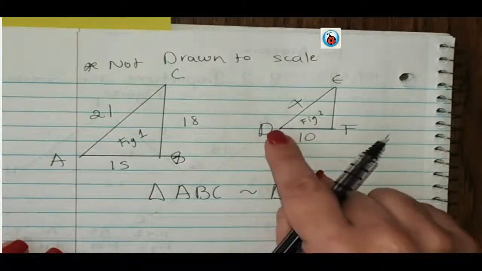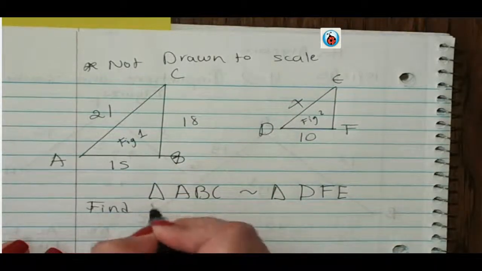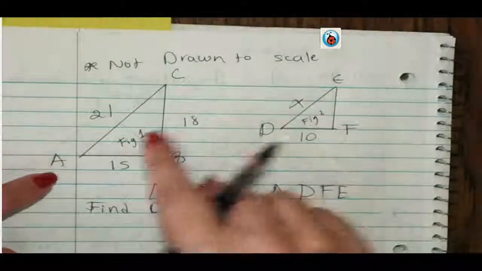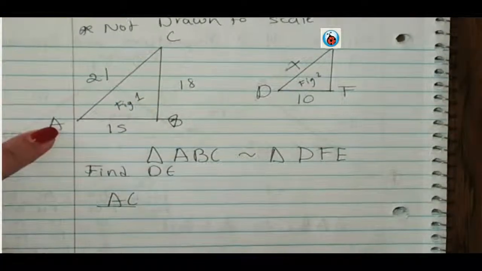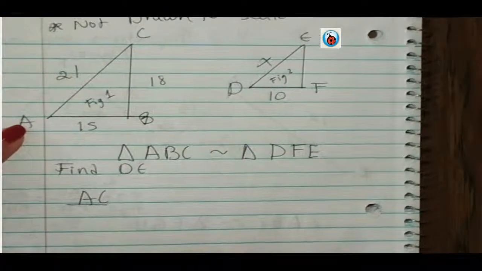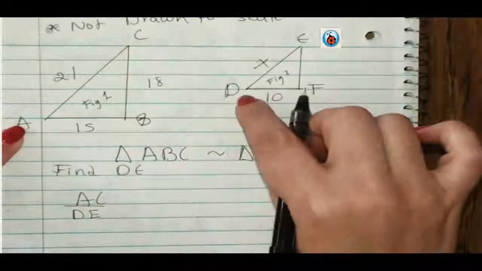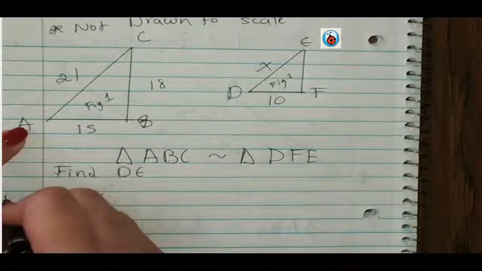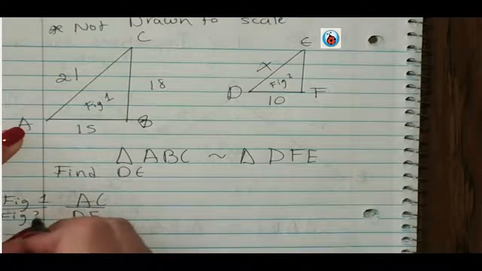If we need to find DE, what would we say? Well, we know that AC corresponds to DE. AC corresponds to DE. They're in the same relative position. And I'm doing figure 1 over figure 2.